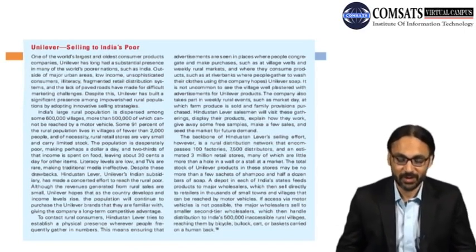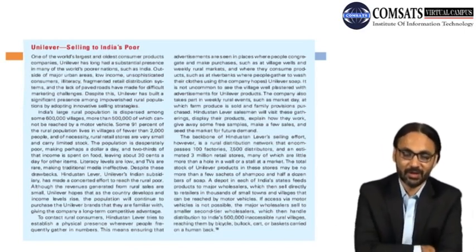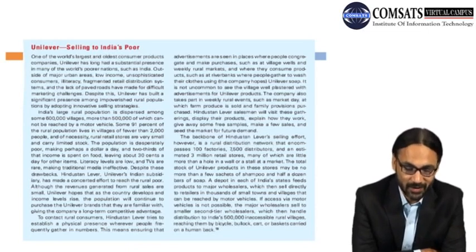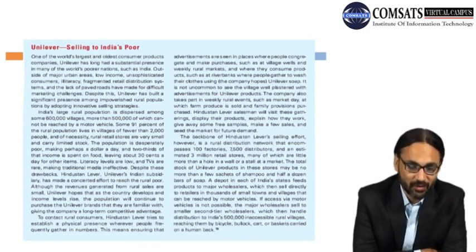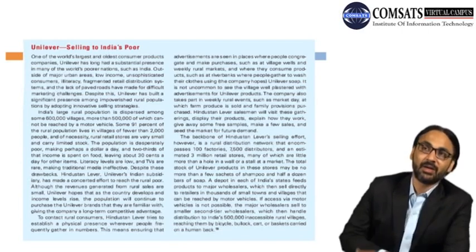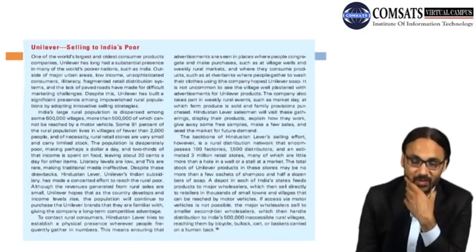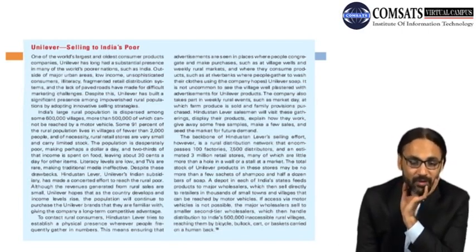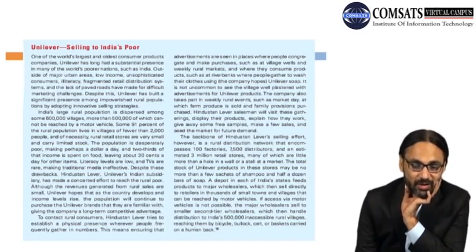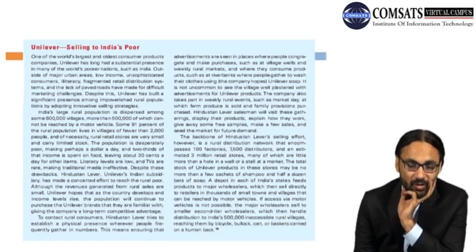Now we talk about a small example. It's about Unilever, who is trying to sell their products to India's poor. Unilever is one of the largest and oldest consumer products companies. Unilever has long had a substantial presence in many of the world's poor nations, such as India.